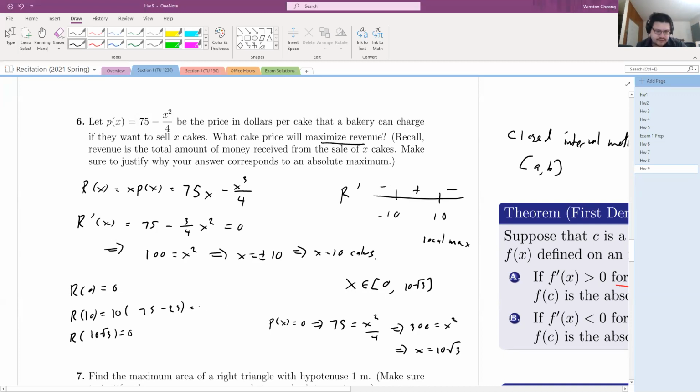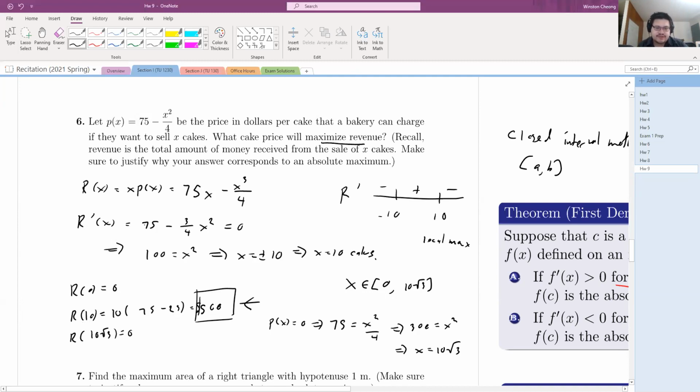So I get 500. Yeah, that's what I'm supposed to get. Good. $500. Because we got a positive value and because we used the closed interval method, we can now justify that this is an absolute max, and 10 is what's going to make the absolute max happen.